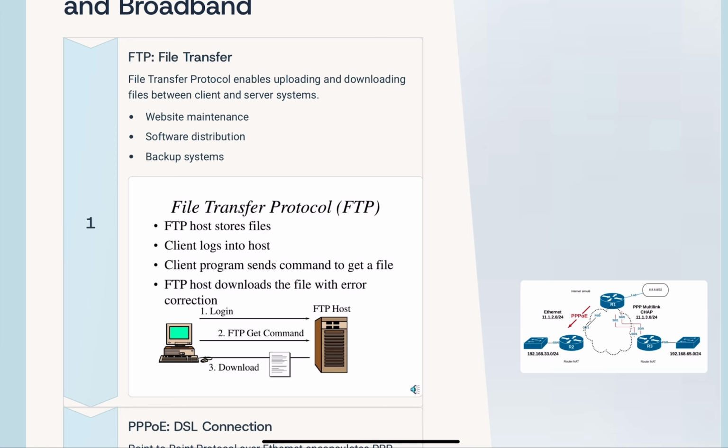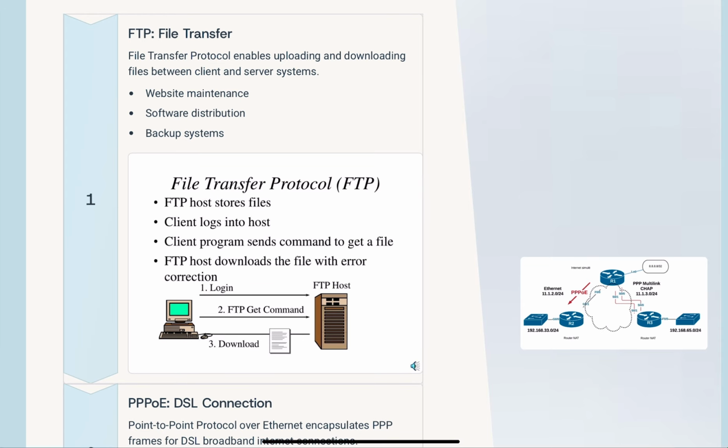For you to get it, you need to have the authorization, which comes with access to the File Transfer Protocol. And for software distribution and backup systems, you also need transfer protocols, because you're accessing files saved on a server and you want to use them on your own computer, so you need authorization for that. The File Transfer Protocol is the rule that enables you to do that.